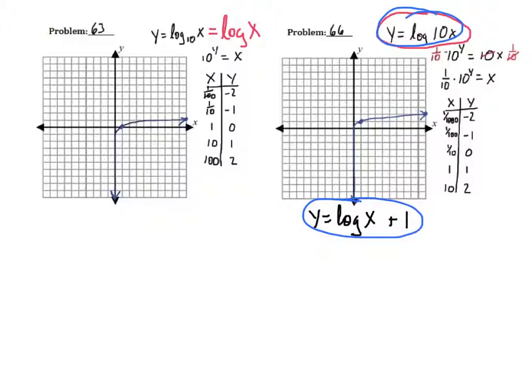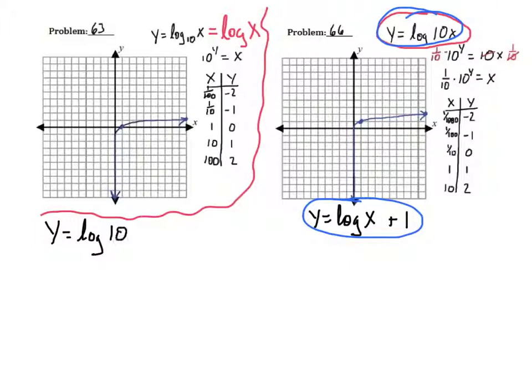So we have y equals log of 10x, and that's 10 times x, right? So I can break that up and say that that's log 10 plus log x, using the product property from your notes. Everybody okay with that?